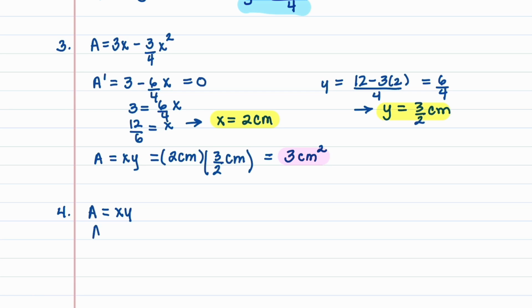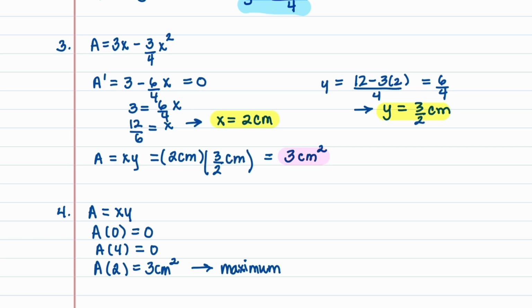So A at 0 is going to be 0 because x is 0, and A at 4 is going to be 0 because y is 0. And then A at our critical point, which is 2 centimeters, is equal to 3 centimeters squared. So this is our maximum area.